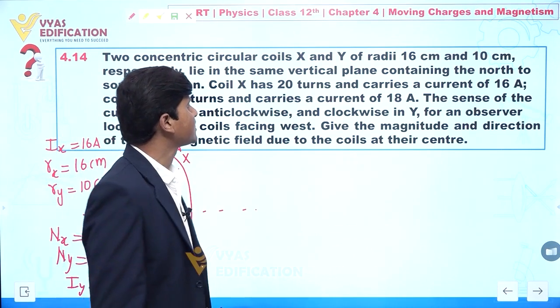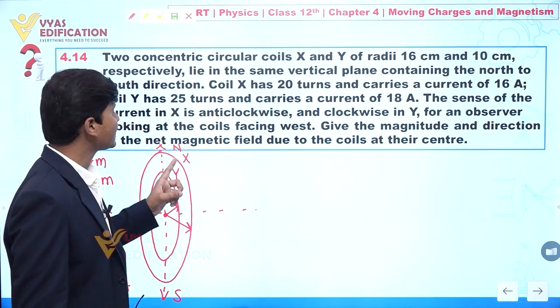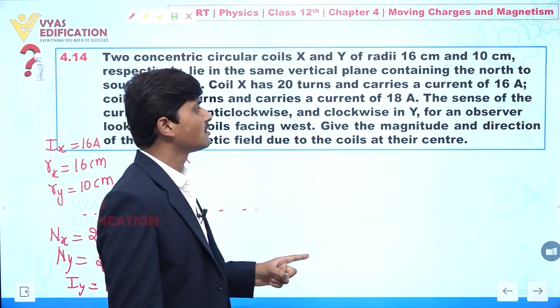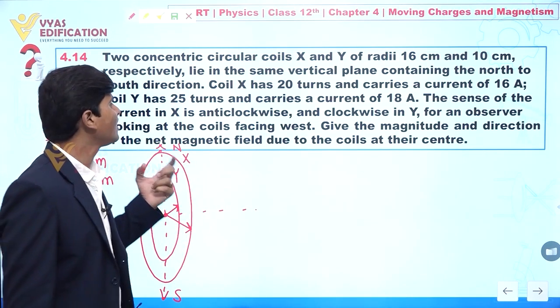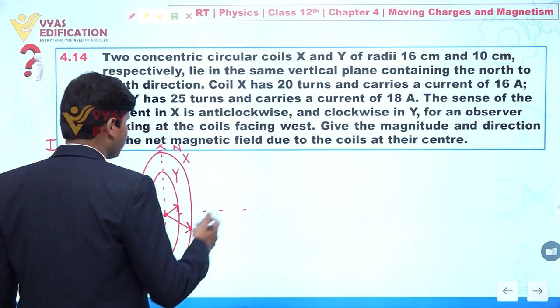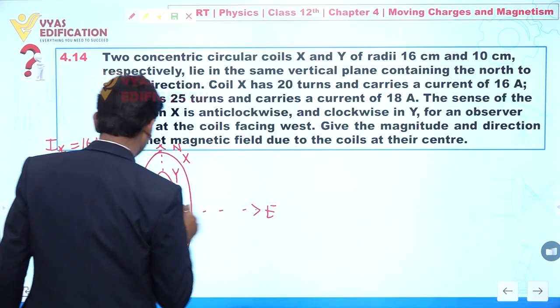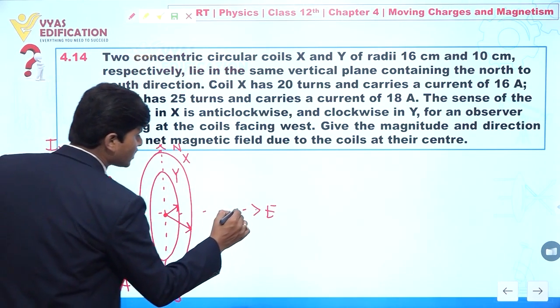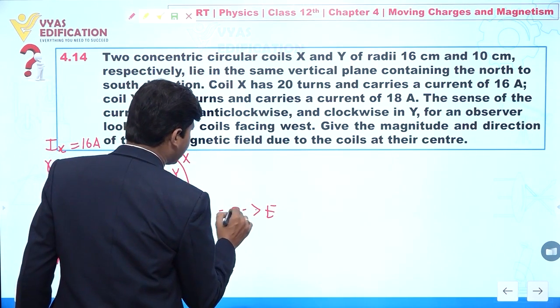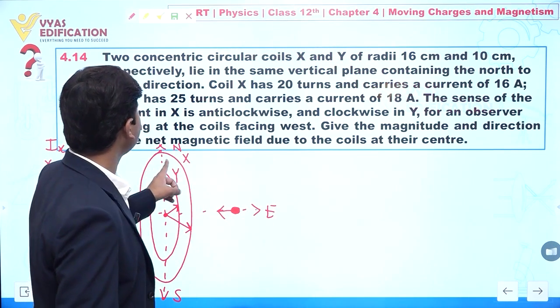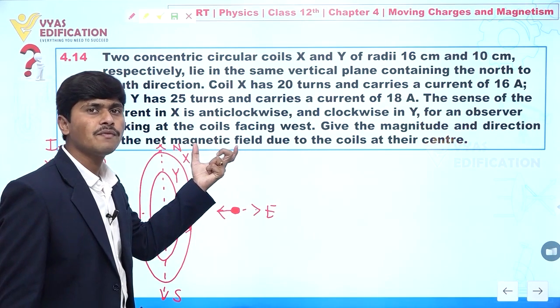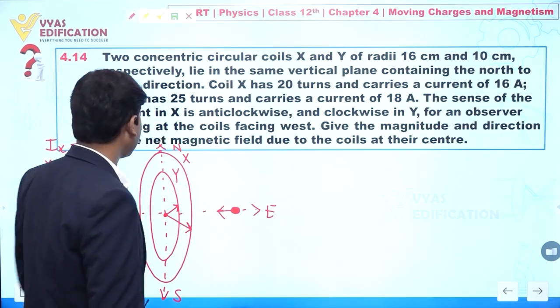Clear to everyone? The sense of current in X is anti-clockwise direction and clockwise direction for Y for an observer looking at coil facing west. Clear? So let's suppose we can say this direction is east, here we have west, and let's suppose an observer is situated here and actually he is observing from this direction. Clear? It is given in the question that sense of current in coil X is anti-clockwise.